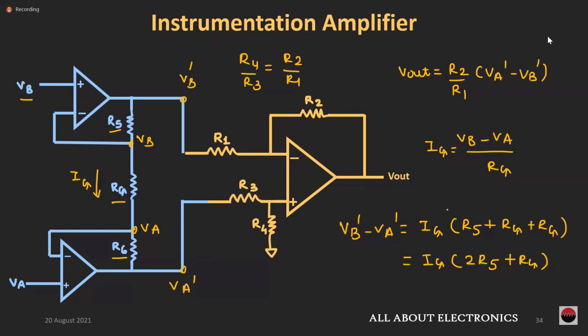In the same way, VA dash is input at R3.